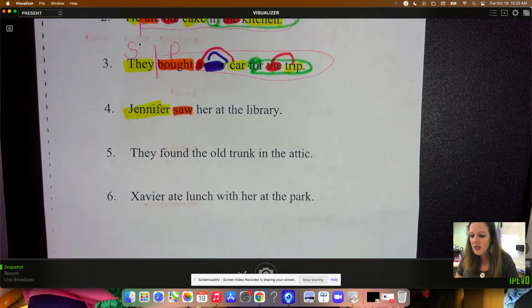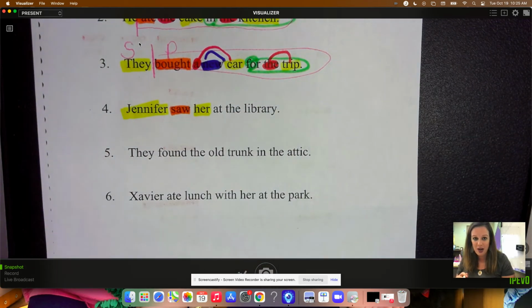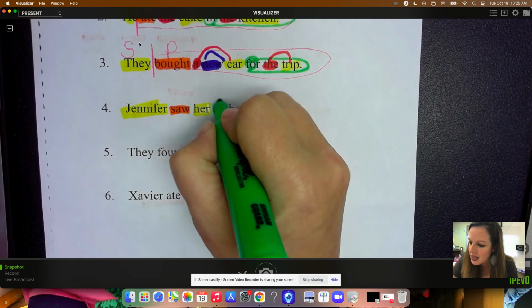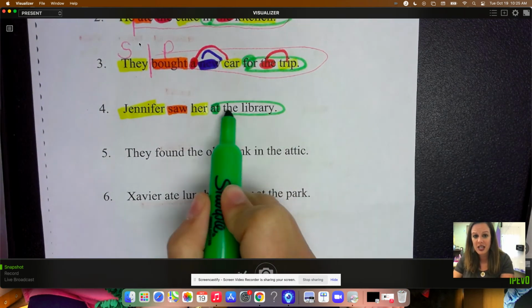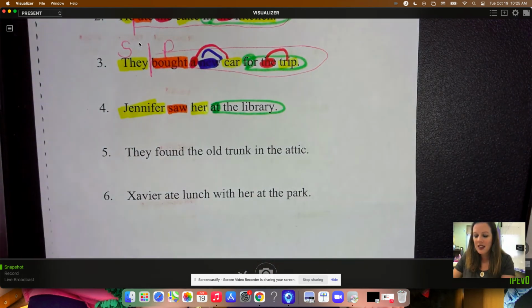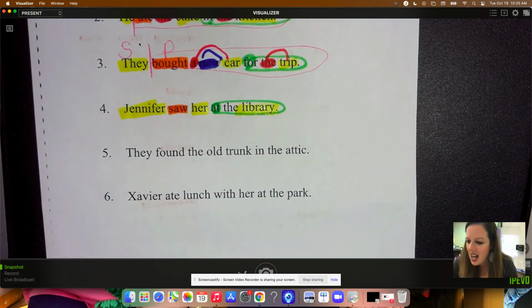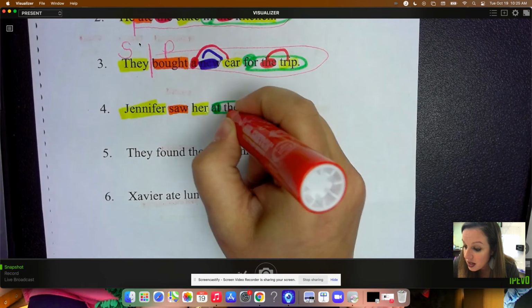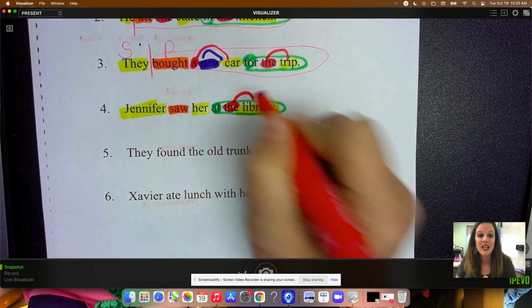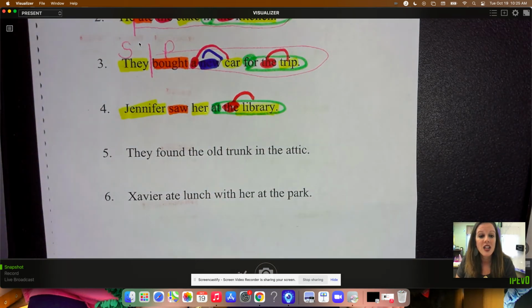Jennifer saw her at the library. And where did she see her? At the library. The preposition has to include a noun. The noun is library. And if I didn't know that library was a noun, I have a hint, a little noun marker telling me, look, a noun is nearby. Jennifer saw her at the library.